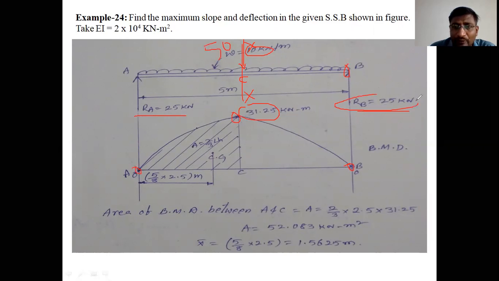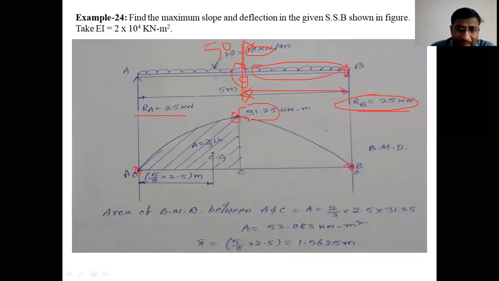So RB is there, one force, and the UDL is there. Due to these two forces, the moment will be developed at point C. Clear? So the moment developed at the section is RB into this distance, RB into half of the beam. The total is 5 meters, so half of the beam is 2.5 meters.